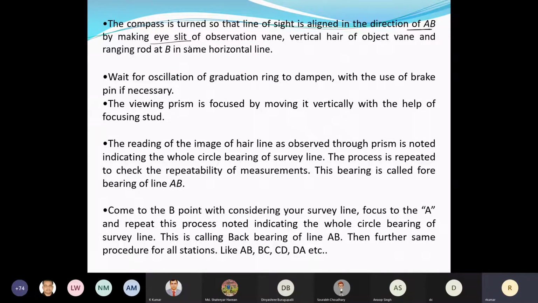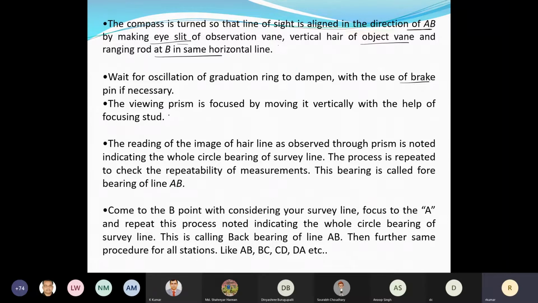This is the eye slit on the prismatic compass, the vertical hair of the object vane, and the ranging rod at B. I have to see the ranging rod at B. We wait for the oscillation of the graduation ring to dampen. Your magnetic needle should not oscillate at the time of taking the reading, so we use the brake pin. The brake pin holds the ring and the magnetic needle.